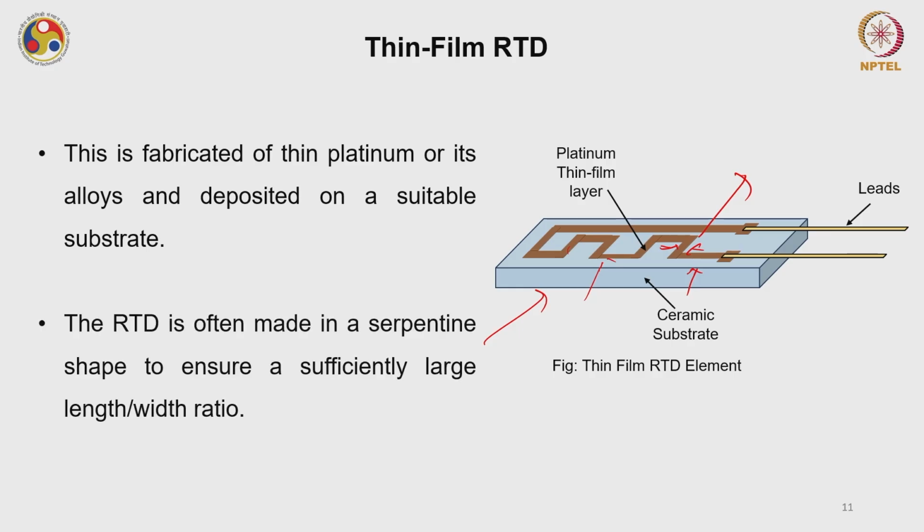RTDs are often made in this serpentine shape to ensure a sufficiently large length to width ratio. So in a small space, you can generate a larger area of this thin film. So the aspect ratio of this sensor, particularly the patterning of this platinum, is high.